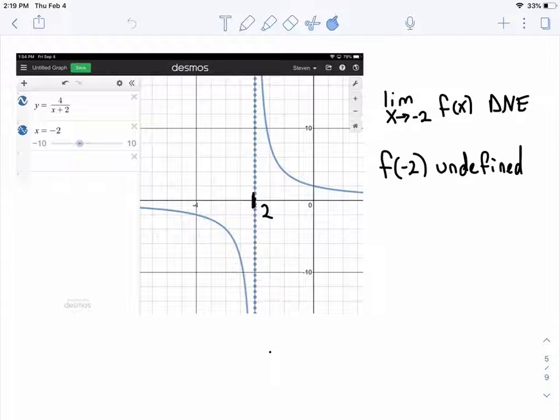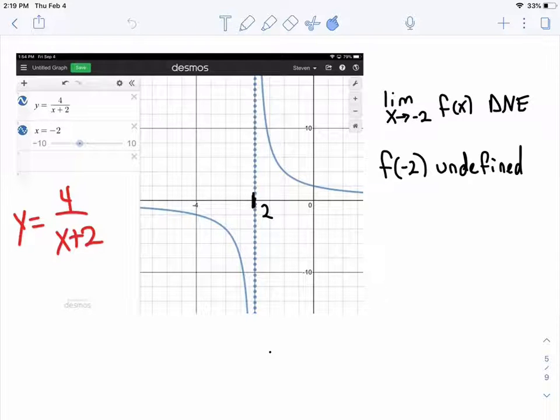Okay. Our fifth example involves this function y equals 4 over x plus 2. So here I'm looking at the graph of 4 over x plus 2. And one of the things I see on this graph is that I have a vertical asymptote at x equals 2.